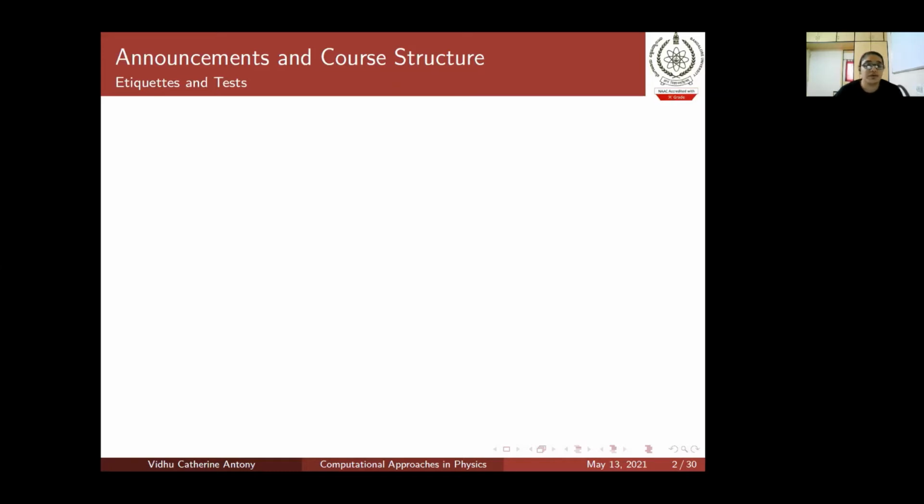So there are going to be polls in between the classes. I'm just keeping you informed about it. We're going to have polls, and we're also going to have a Google form at the end of the session. So it's going to be in-class tests and after-class tests, which is probably going to be around 5 minutes or so, and you can finish it off pretty quickly.